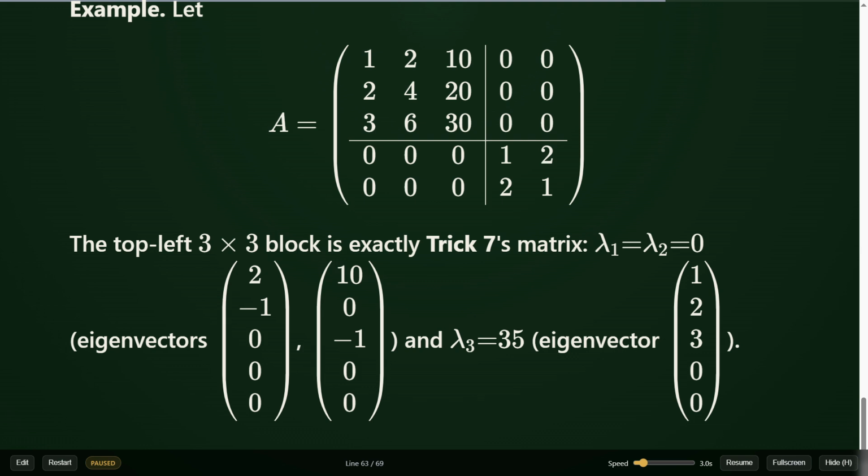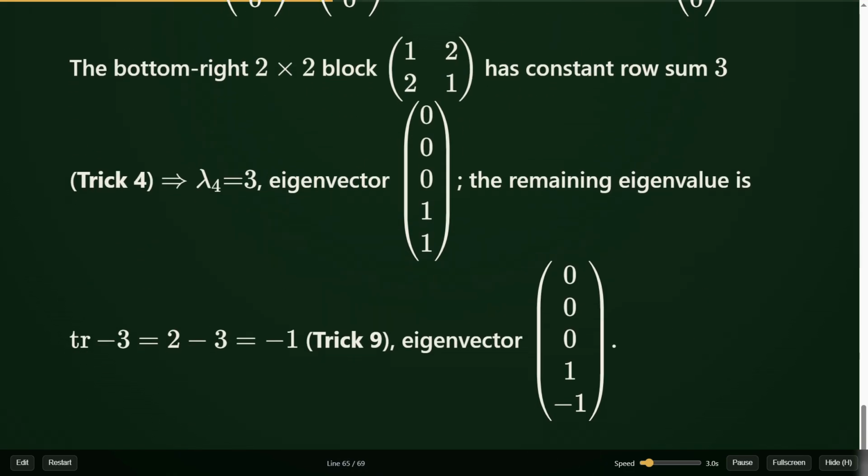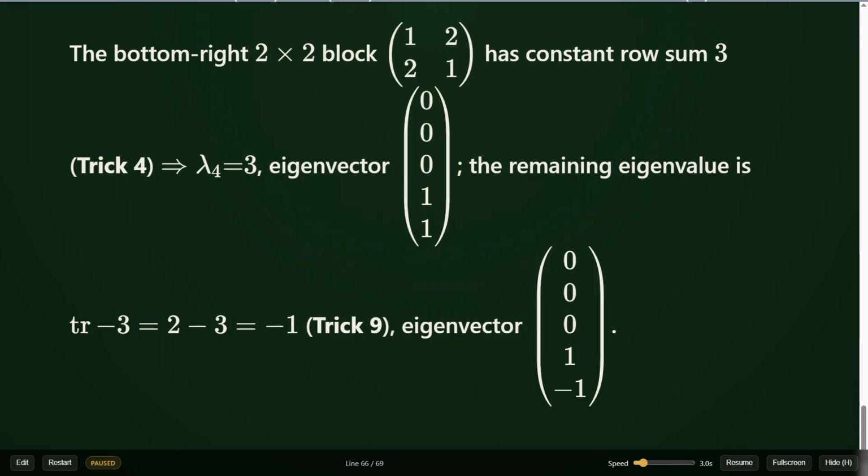Now as far as the 2 by 2 small matrix is concerned, lambda 4 we can find out because the sum of each row equals 3, therefore lambda 4 is equal to 3, and you can take the fourth column 1 time and the fifth column 1 time and add them, we will get 0, 0, 0, 3, 3, which is 3 times 0, 0, 0, 1, 1, and hence lambda 4 equal to 3 is the fourth eigenvalue, and the corresponding eigenvector is 0, 0, 0, 1, 1.